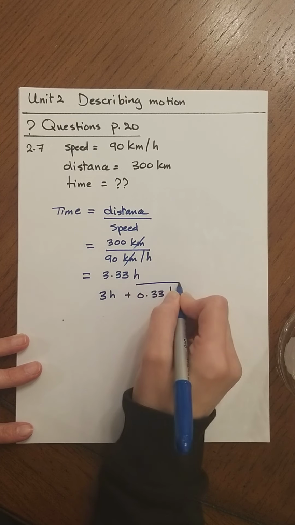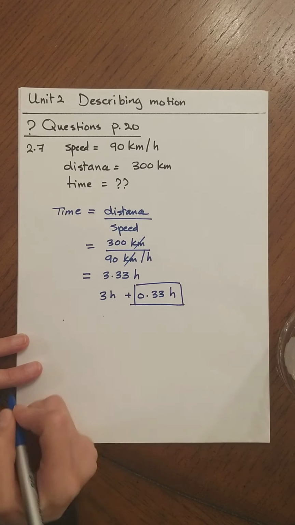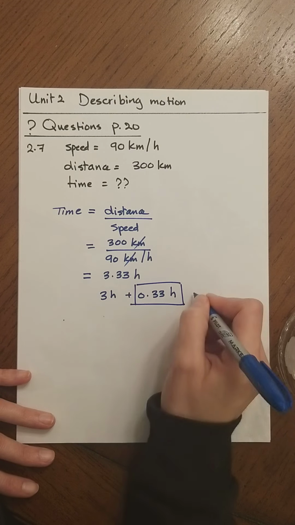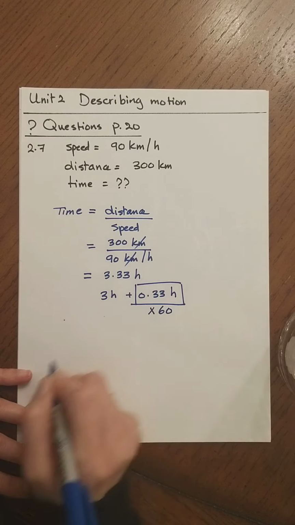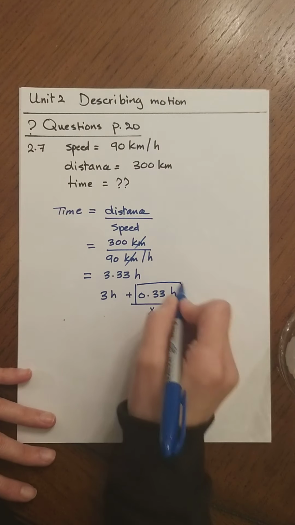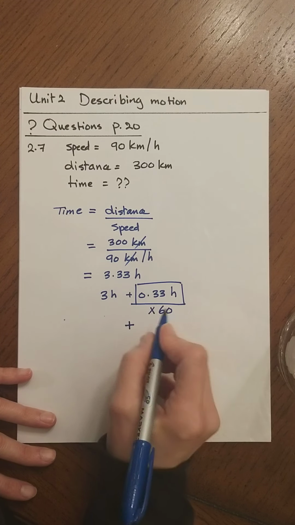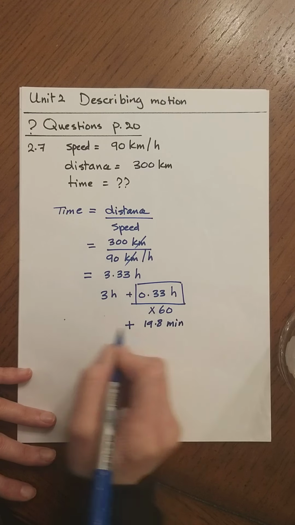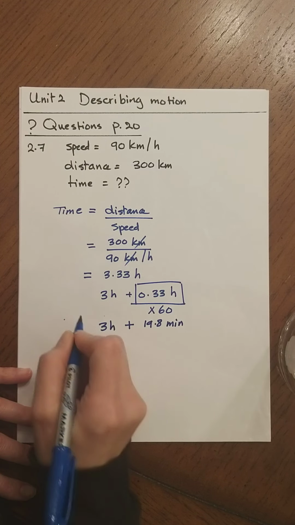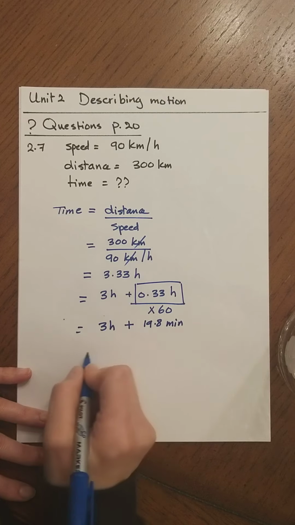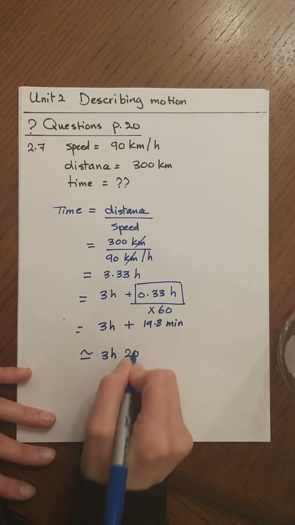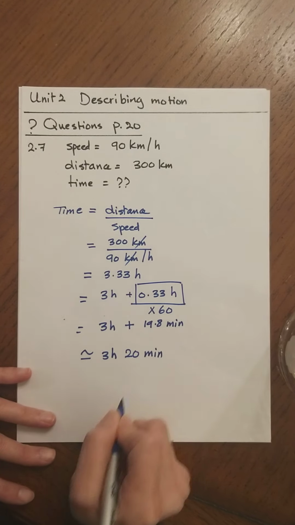We need to convert this part of an hour to minutes by multiplying by 60. This part here will equal 19.8 minutes. So 3 hours, 19.8 minutes, which is about 3 hours, 20 minutes.